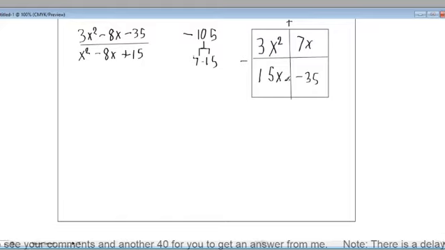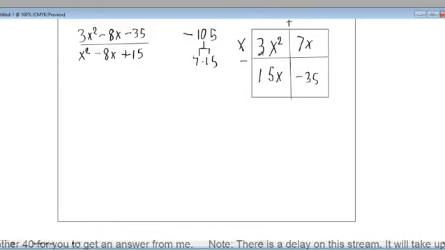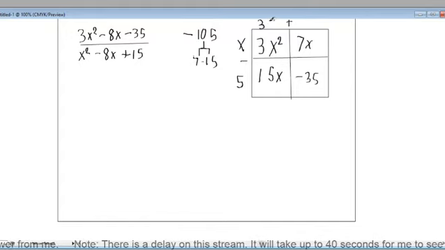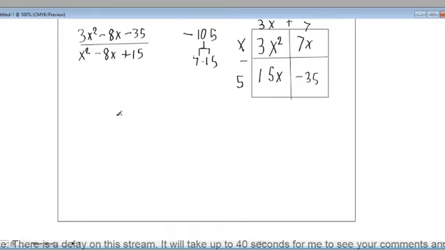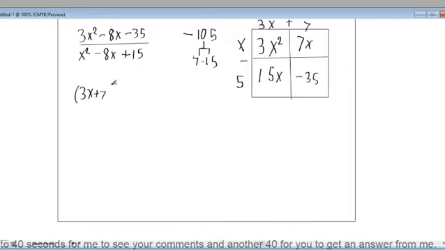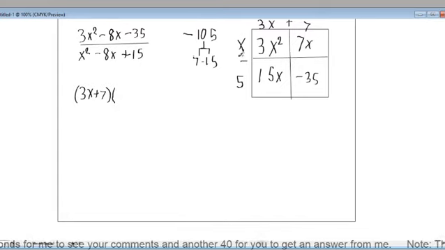Okay, so now we need to figure out what can come out of each row and column. So this row, only x. This row, 5. This column, we can take 3 and x. This column, we can take 7. Okay, so our factored form for the top part here is 3x plus 7 and x minus 5.